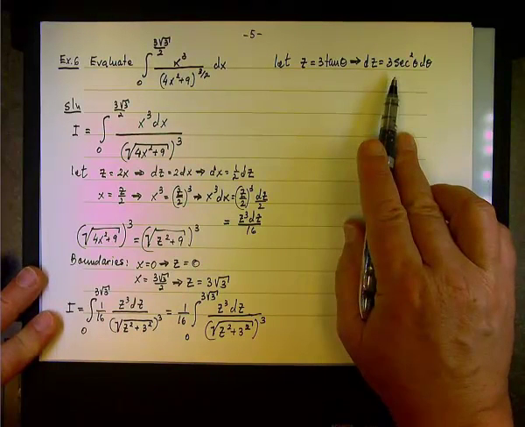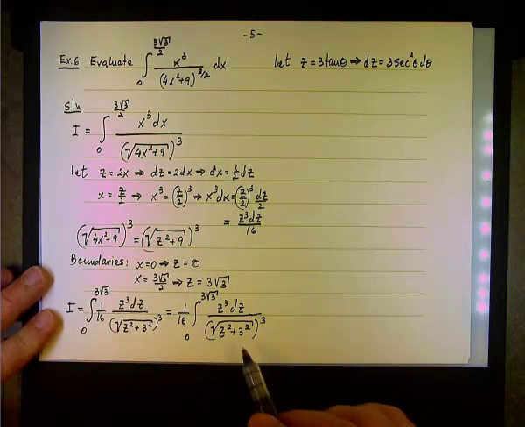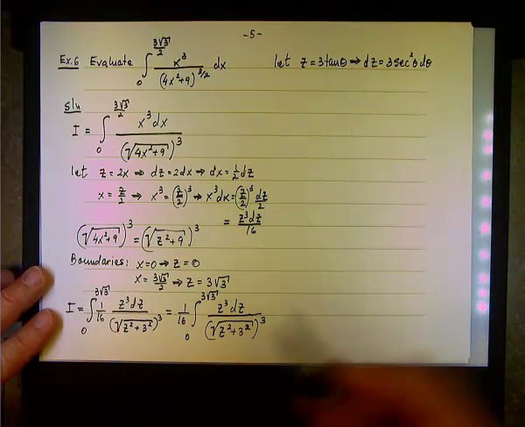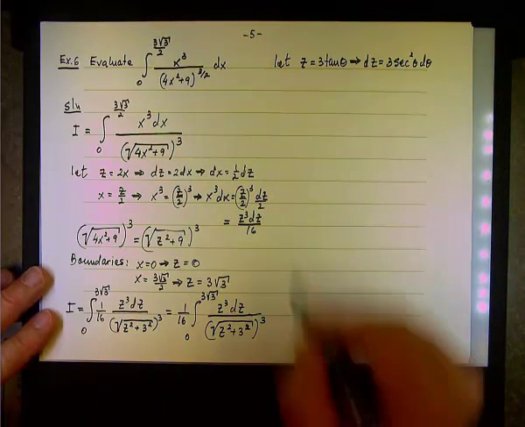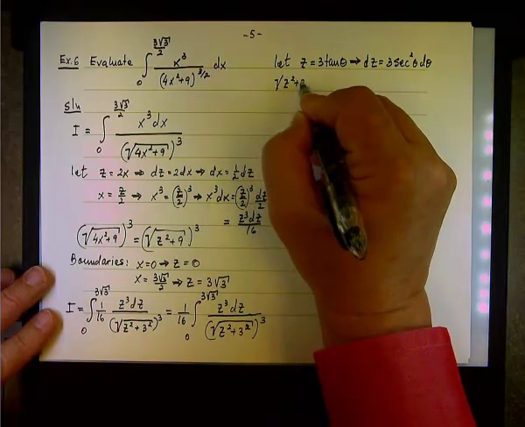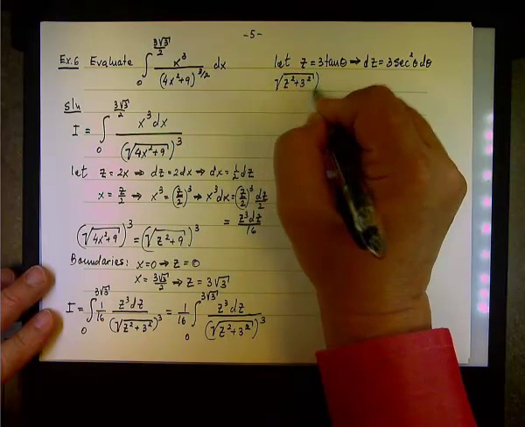Okay, so let's write everything now in terms of theta. So let's look at the denominator. Well, the denominator, remember, was z squared plus 3 squared, all to the power of 3 halves.